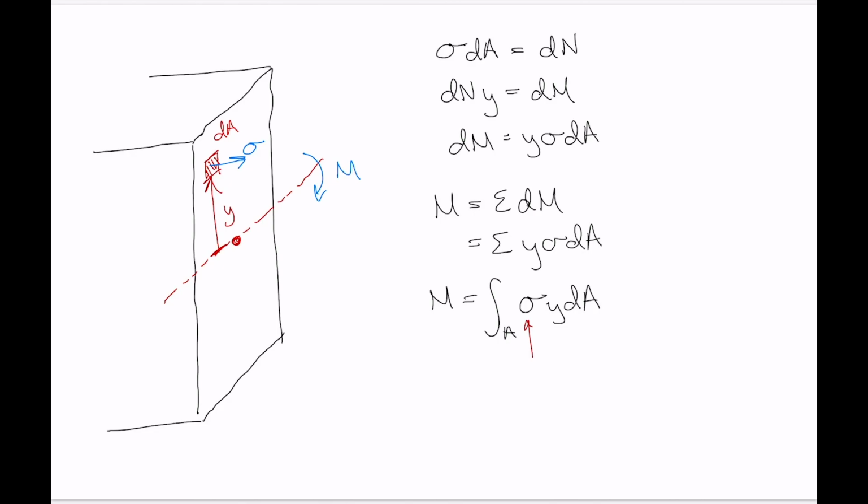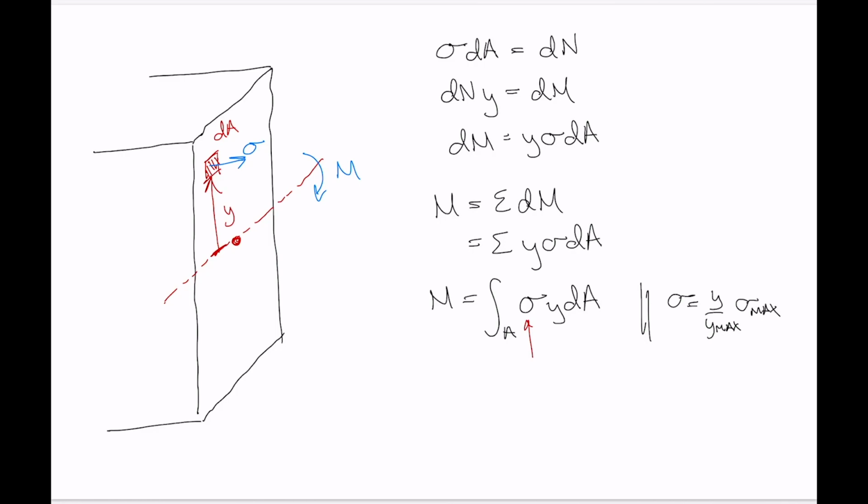We don't want both sigma and y. We just want one variable. So we want to think about substituting one of those out. This is where that expression that we had on the other page comes in. We had sigma is y divided by y max multiplied by sigma max.